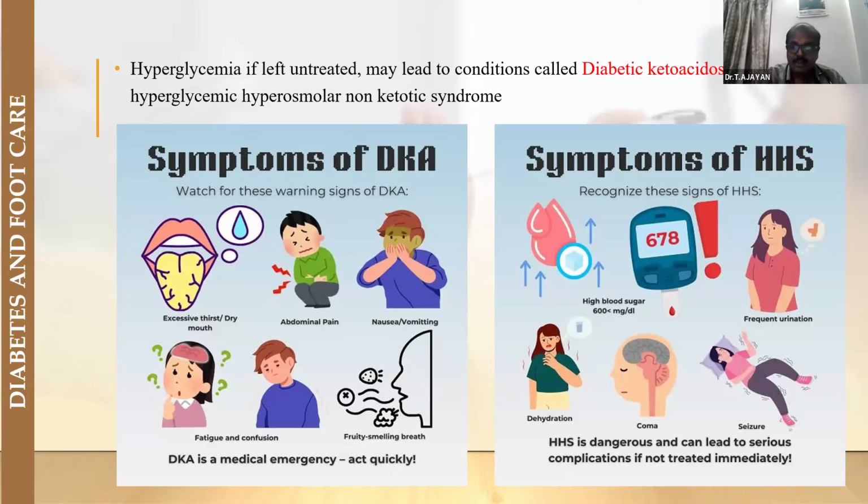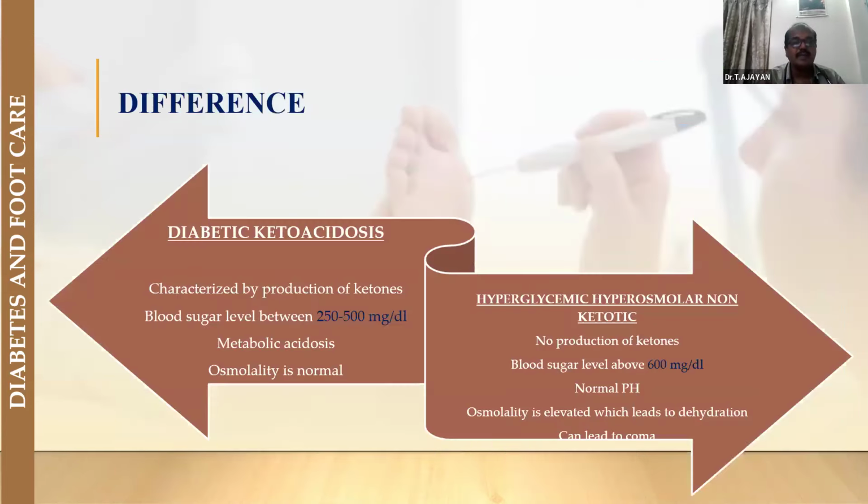Therefore, we are saying ketotic complication is diabetic ketoacidosis, and the other is non-ketotic. There is a difference: diabetic ketoacidosis is characterized by the production of ketone bodies, with a blood sugar level between 250 to 500 milligram per deciliter. It is a metabolic acidosis, and the osmolality is normal.